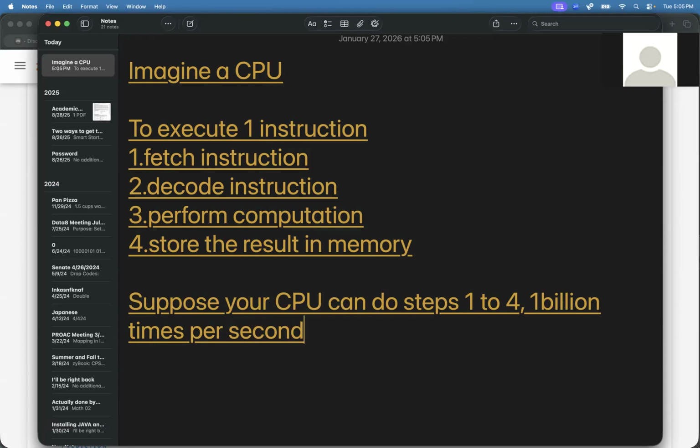I did 1 billion because that's 1 gigahertz, right, because 1 megahertz is 1 million per second, and 1 gigahertz is 1 billion per second. So if you can perform these 4 steps 1 billion times per second, then your CPU will be able to run at 1 gigahertz, and perform 1 billion instructions per second.